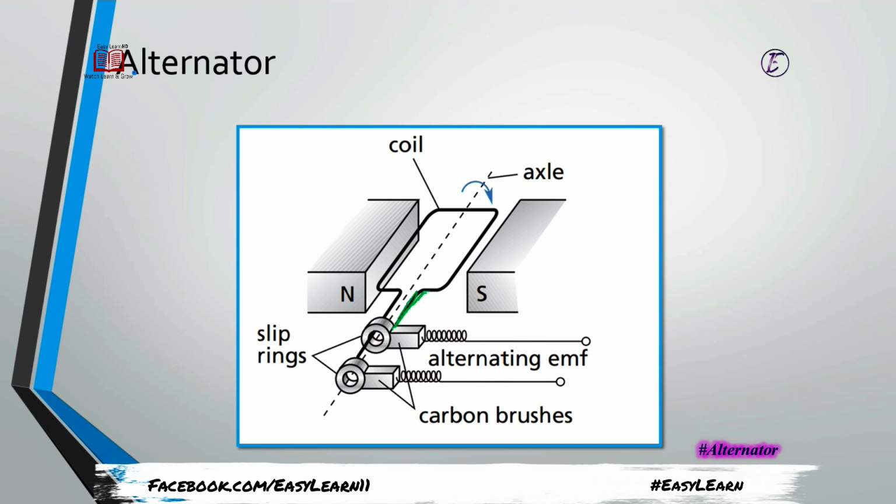These rings are totally round and conducting, without any gap between them, with insulating material in between, and two slip rings must be used, while the other is connected with the other end of the coil.